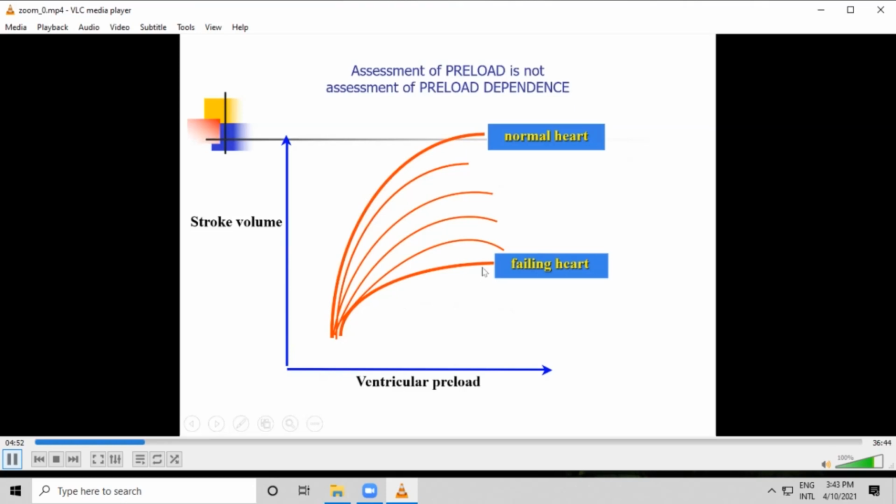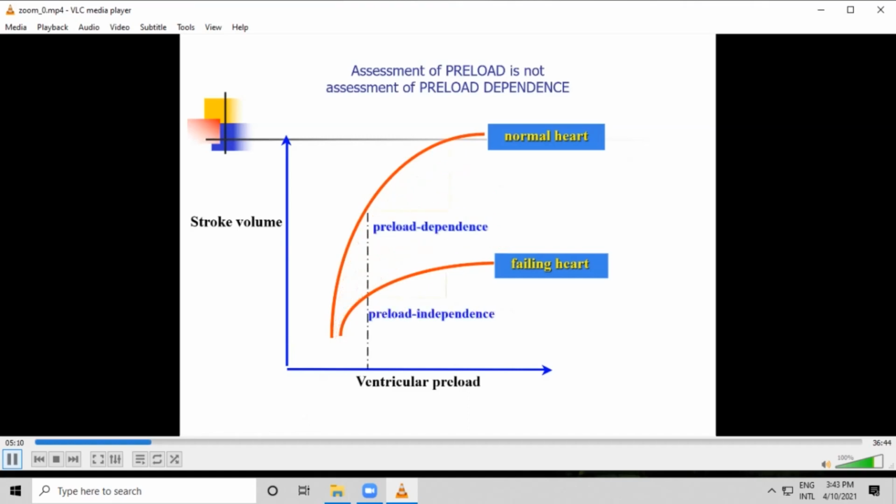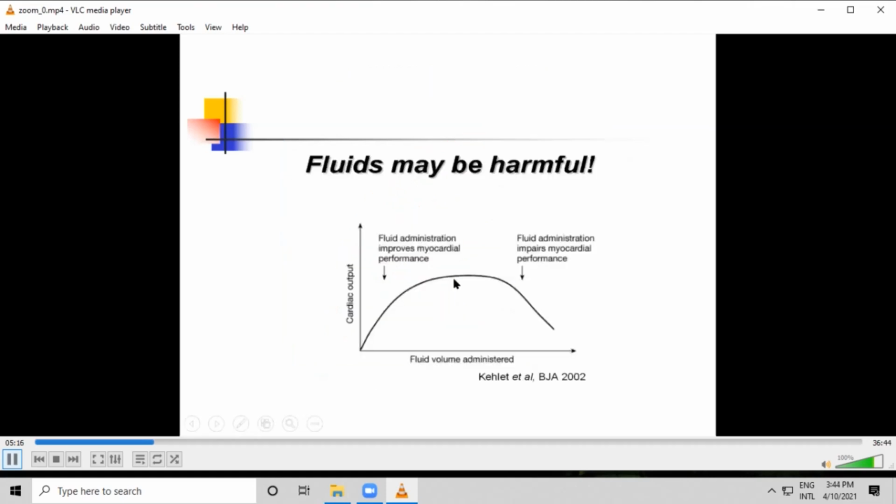This is what we have to understand with regard to fluid responsiveness in response to preload, or rather preload dependency of the heart. These are interchangeable terms. So here we see the preload dependence of the normal heart and preload independence of the failing heart.